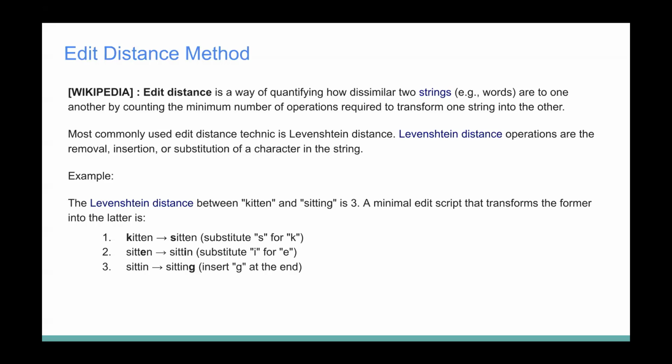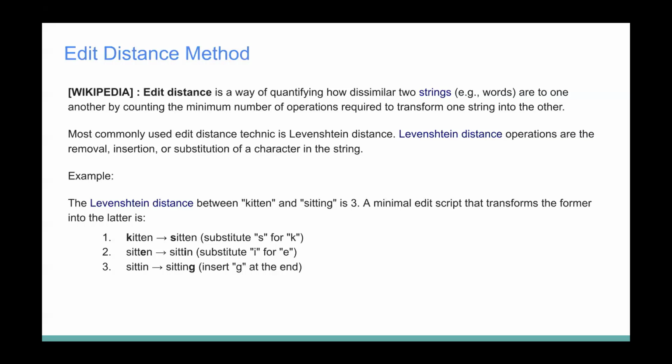First, we substitute S for K. In the second operation, we substitute I for E. And in the third and the last operation, we'll be inserting G at the end. So, in three different steps, we are able to transform kitten into sitting. Hence, the Levenshtein distance will be 3.